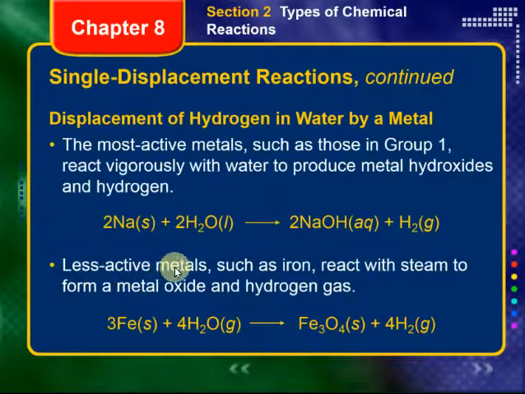But for these less active metals reacting with steam, we're not going to get a metal hydroxide like happens up here with our sodium. We're going to get a metal oxide and hydrogen gas. So notice how there's no hydroxides bonded to this solid iron compound here in the products. This is just an iron oxide and hydrogen gas.